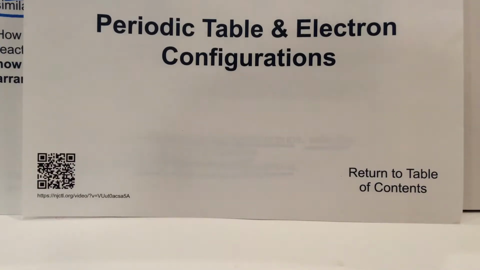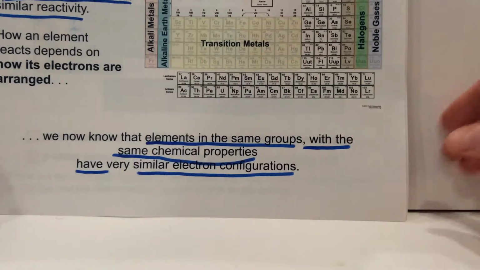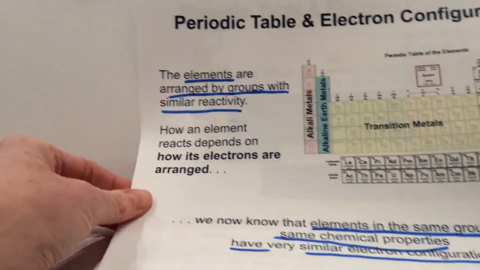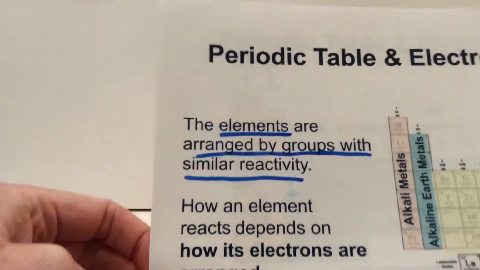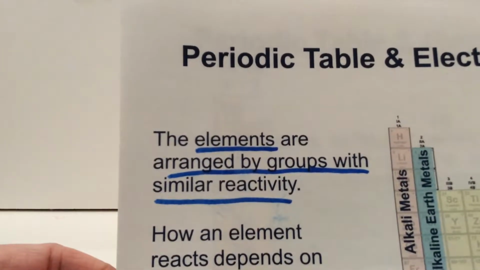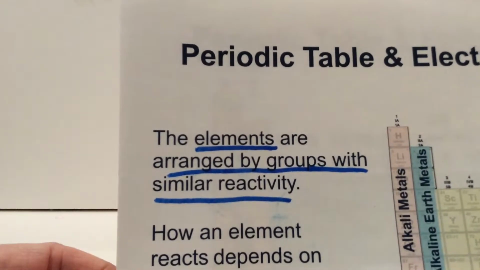The table displays the symbols and the names of the elements along with information about the structure of the atoms, and that specifically speaks to electron configurations. So let's take a look here. Elements are arranged in the periodic table based on their reactivity.